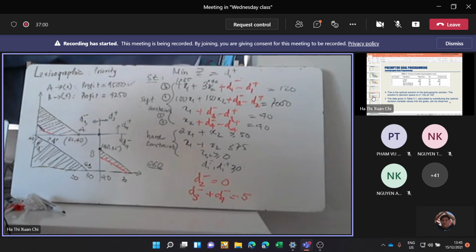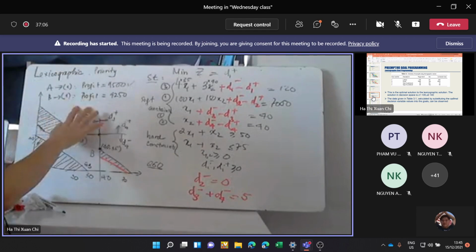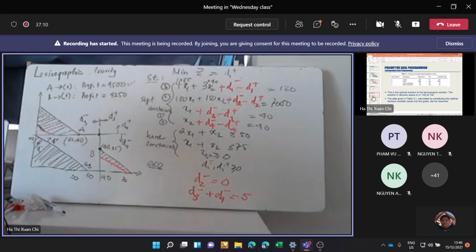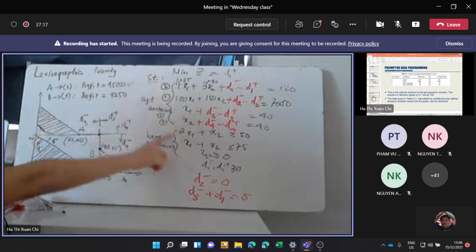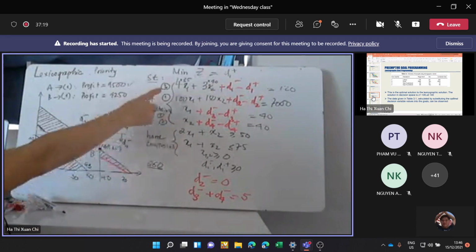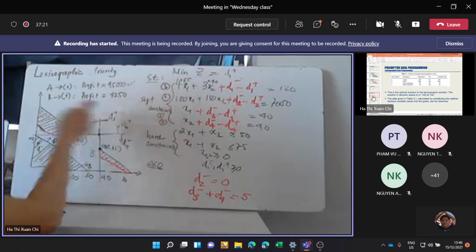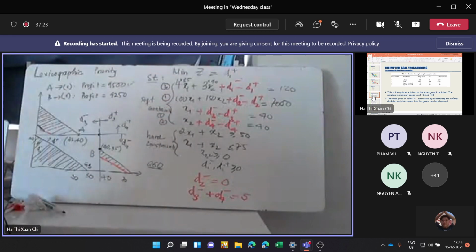Any other question? If you use software, I'm not sure, because this is multi-objective, not single objective. If it is single objective, you may use that. But if you break it down into smaller problems, you may solve it.